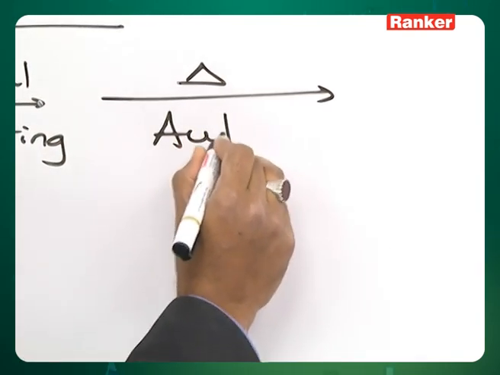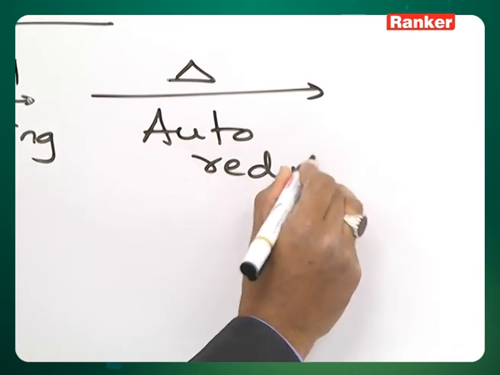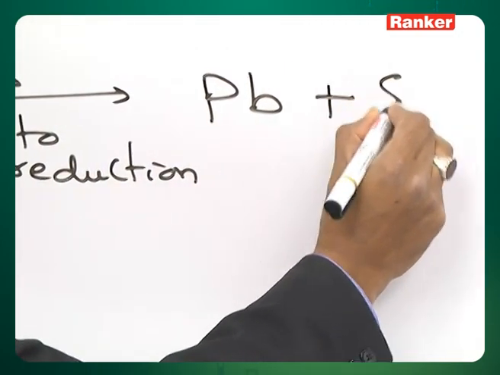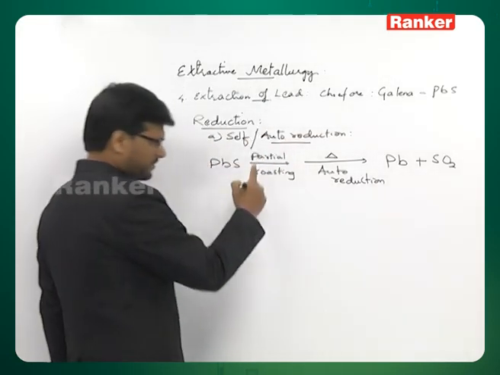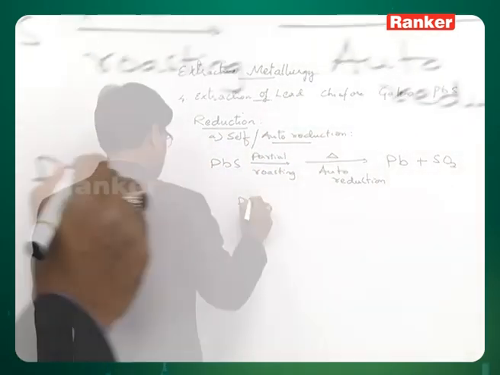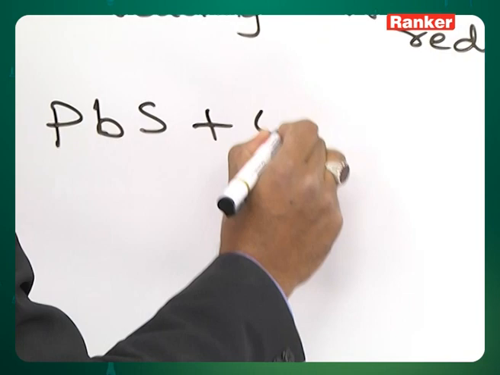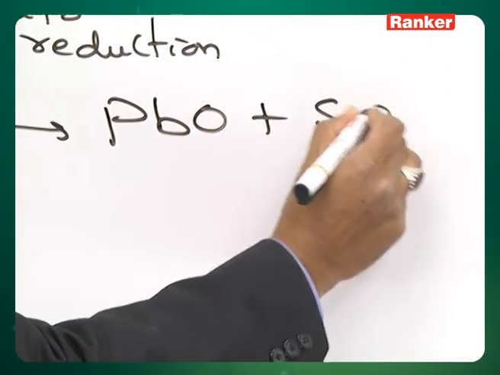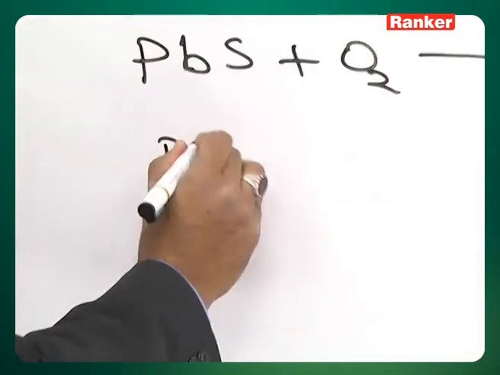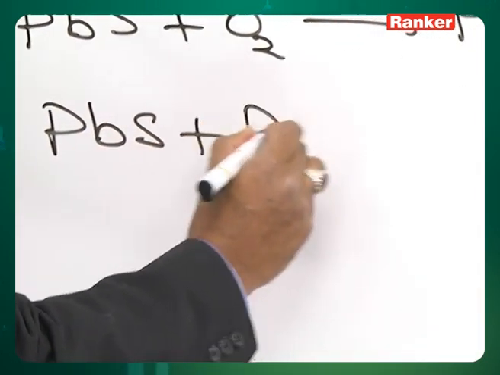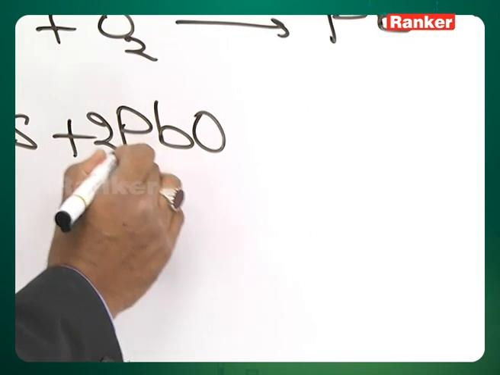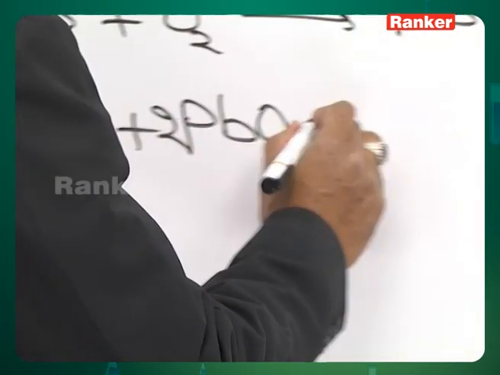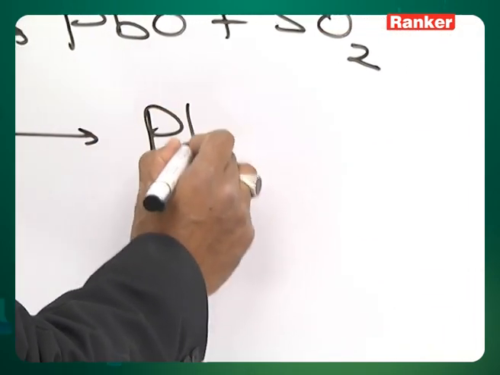This will bring about auto reduction and we get Pb plus SO2. Now what happens during partial roasting? PbS will get transformed into PbO plus SO2, and because we have done partial roasting, some PbO will be left out. So the left out PbO will combine with PbS and you get Pb plus SO2.